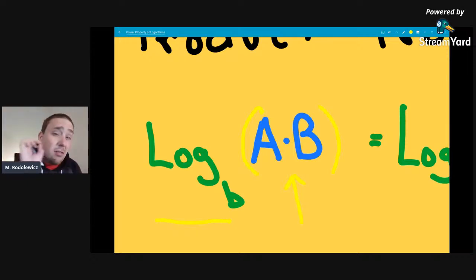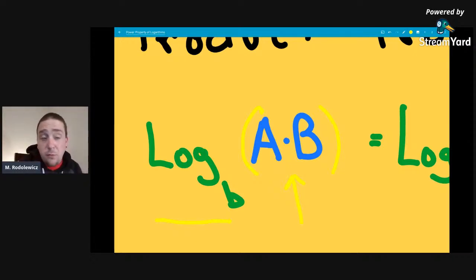all right, so if you see a log, any base, it could be invisible 10, it could be a 4. If it's the natural log, you would actually see ln right there. We talked about that a little bit, but it doesn't matter. All I'm saying is if you see a logarithm, whether it's an invisible base, 4, 3, whatever, but inside what immediately follows is a multiplication of two things.